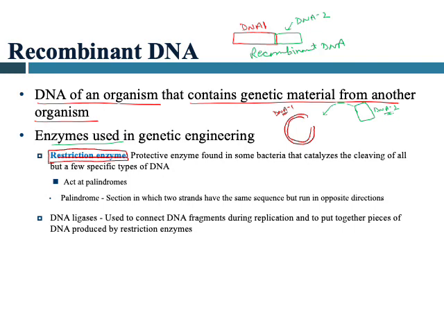Now you're going to add this second DNA from another organism, and you're going to make a recombinant DNA, because this DNA has two genetic materials, one from the first organism and one from the second organism. So this is recombinant DNA.